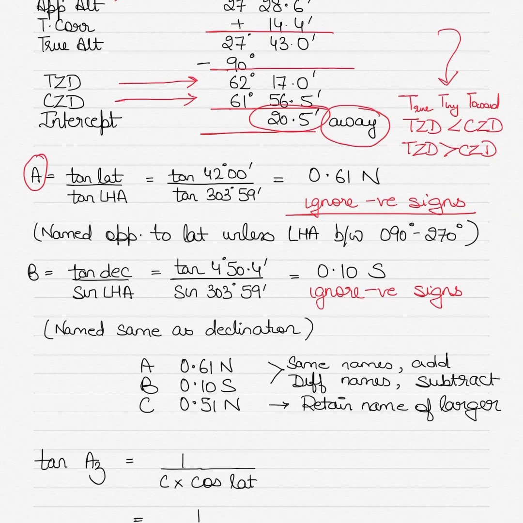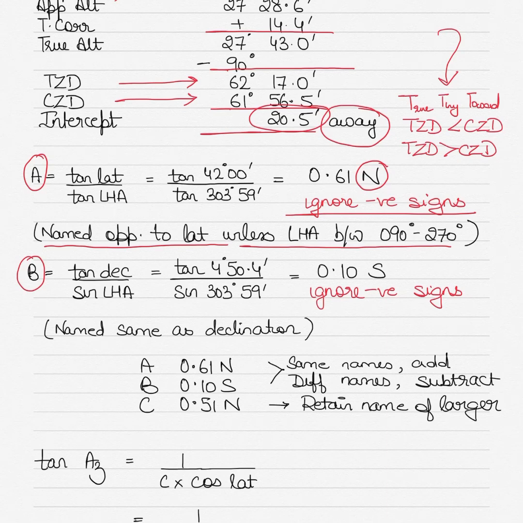Although you ignore any negative sign, you have to name A. So I have named it north. Why? Because A is always named opposite to latitude, unless your LHA is between 90 and 270. In this case, your LHA is 303, which is not between 90 and 270, so you will name it opposite to latitude. Your latitude is south, so you have named it north.